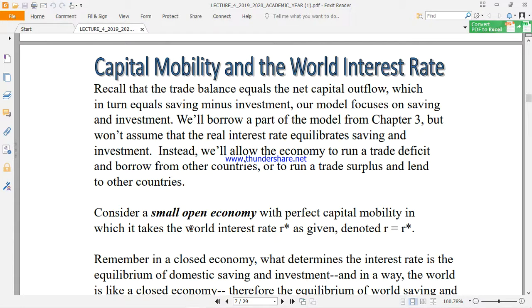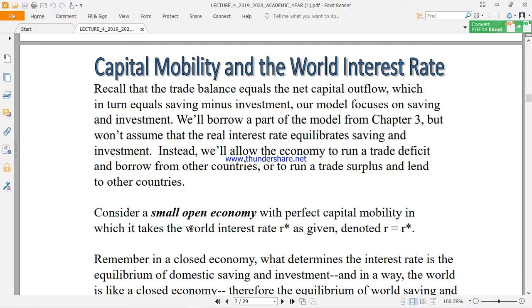That's what we call perfect capital mobility, which means there's no restriction when it comes to trade. Zambians can trade with Malawians, Malawians can trade with Zambians. So we are assuming that this small open economy has perfect capital mobility.